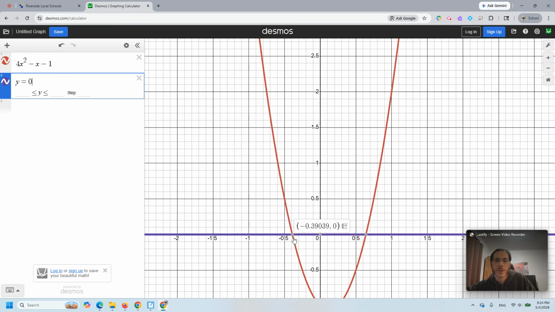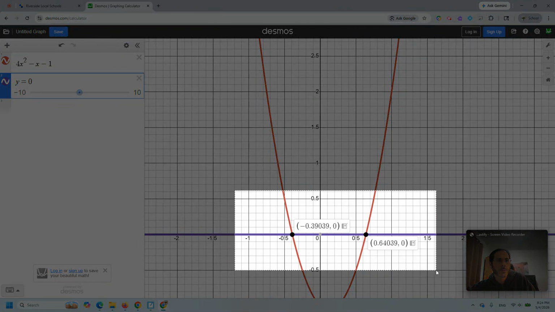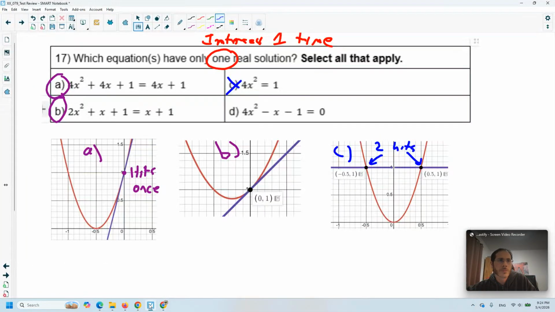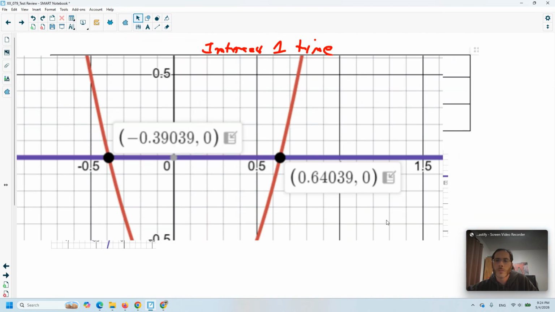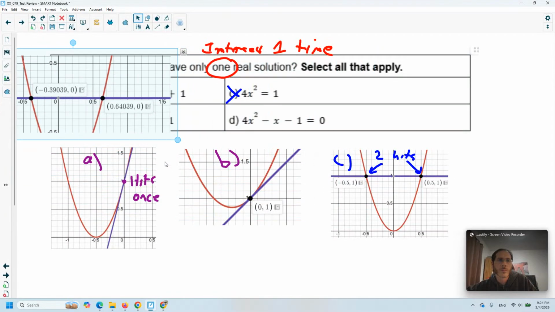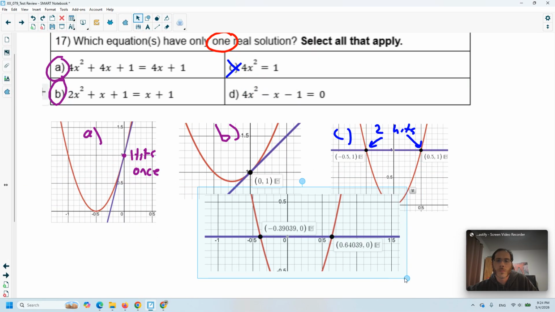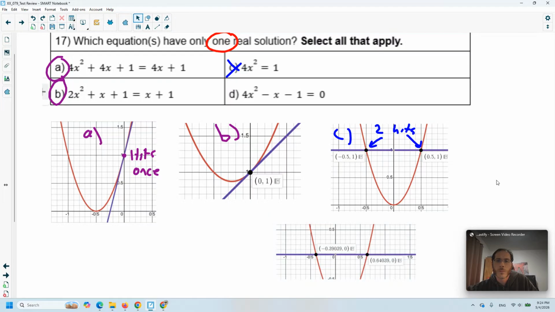All right, and so again, this one's going to hit twice. So we can see we're intersecting twice, so we're not going to pick this one either.